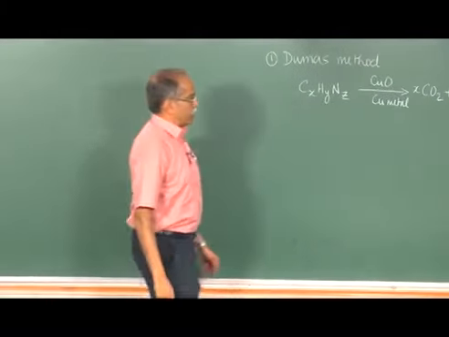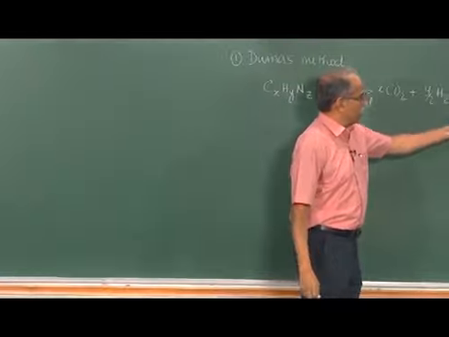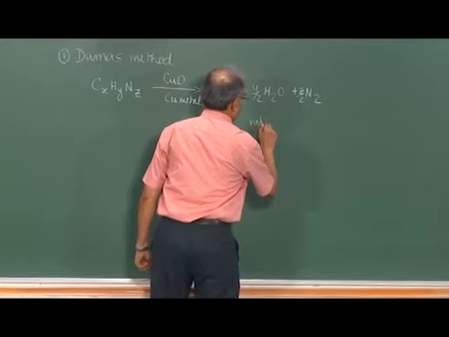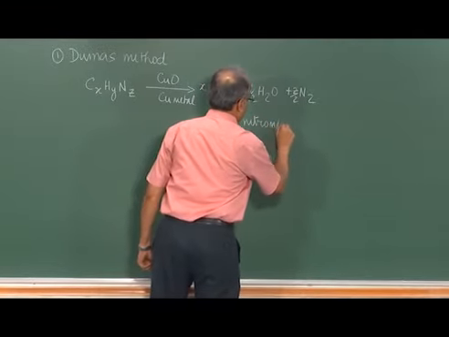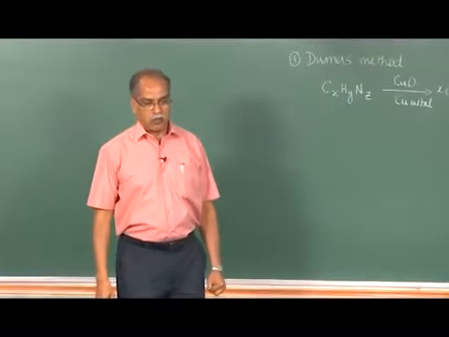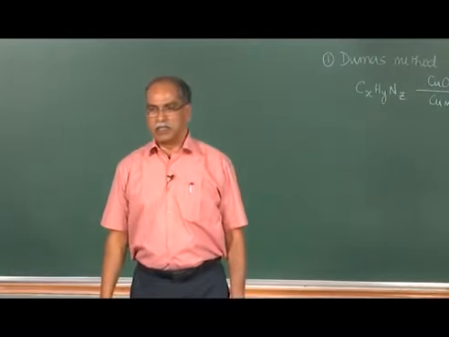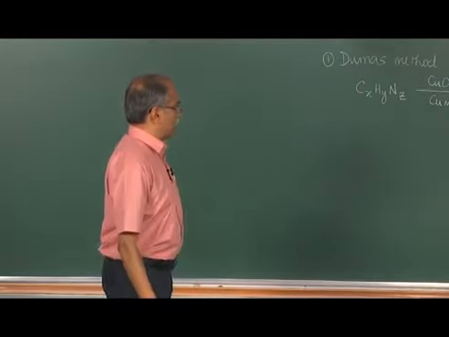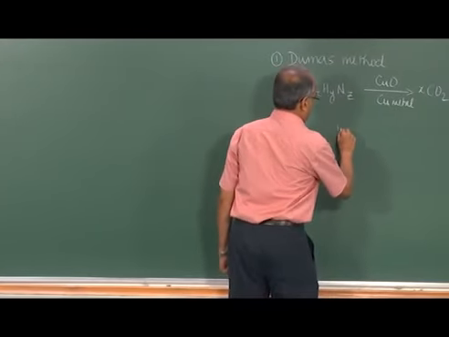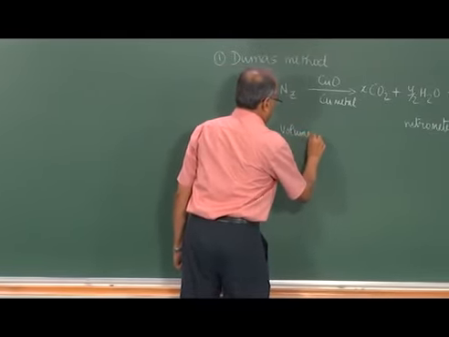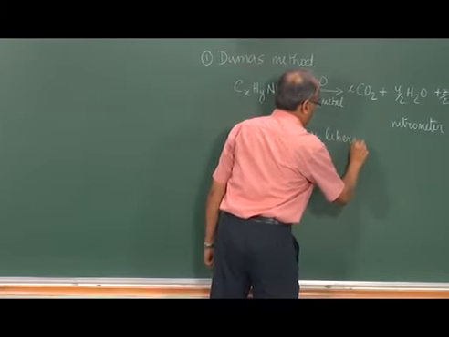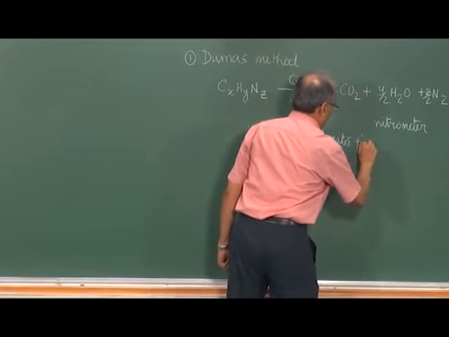So, the amount of nitrogen that is liberated during the process of this heating is measured using a nitrometer. A nitrometer is a device which is used for measuring the volume of the nitrogen that is evolved during the course of this particular reaction, and from the estimation we will essentially get, for example, the volume of nitrogen liberated from the organic compound.